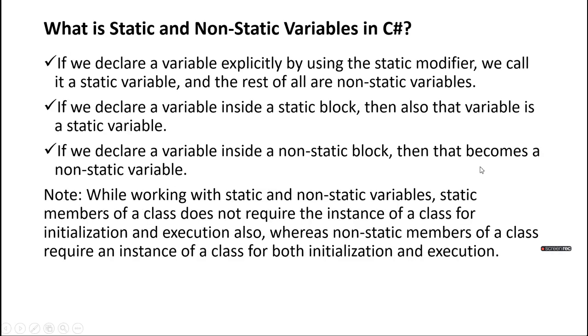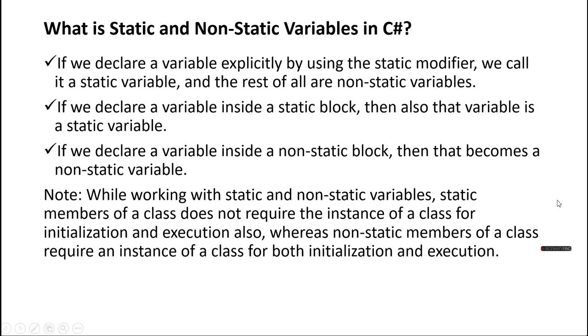What is static and non-static variable in C#? If we declare a variable explicitly by using a static modifier, we call it a static variable and the rest of all are non-static variables. If we declare a variable inside a static block, then also that variable is a static variable.